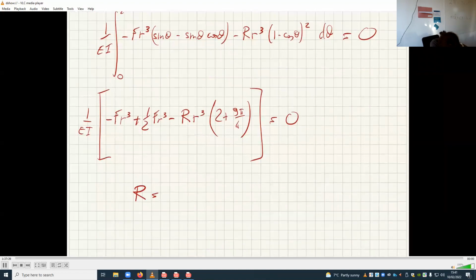I can also rewrite it, so this thing is just F minus FR cubed divided by 2. Okay? So R is just FR cubed divided by 2.